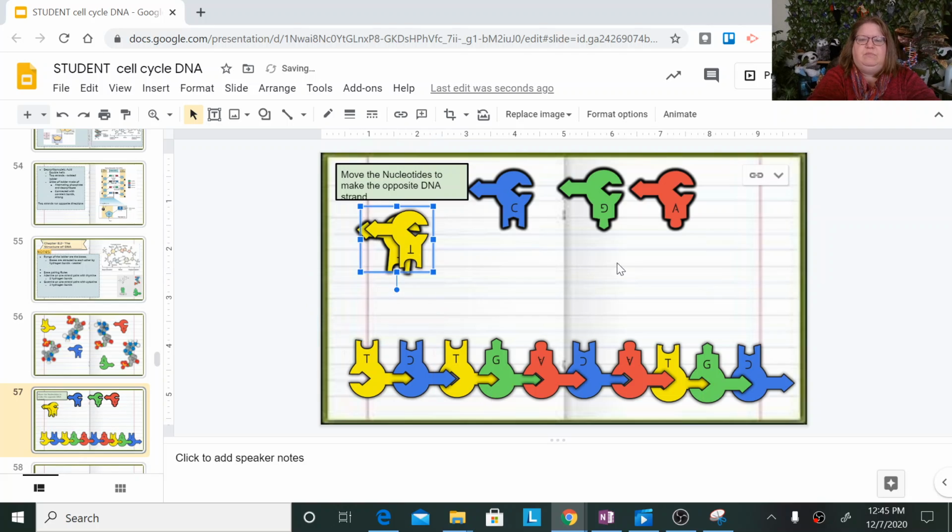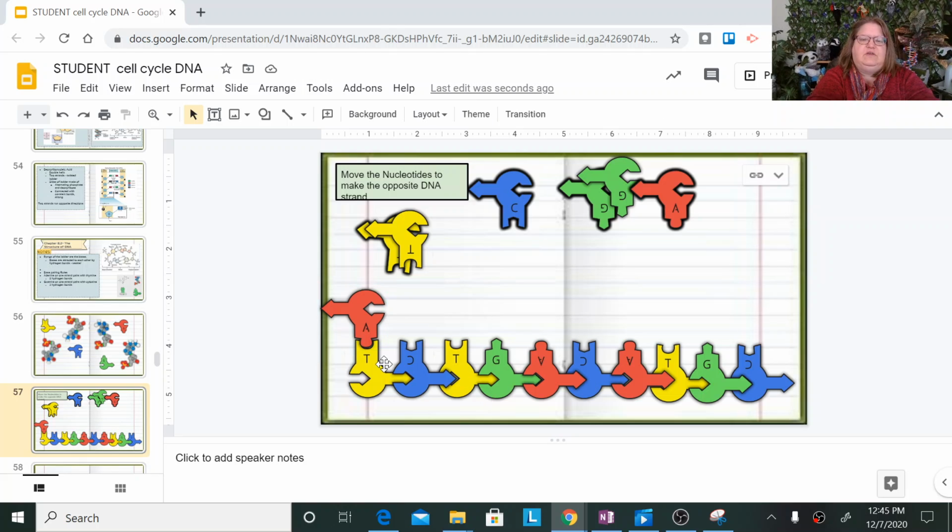So we can put that one back, and let's take a look at G. Even if you wanted to make it work, G and T don't fit like a piece of a puzzle. So let's put that one back. Hit pause and see if you can decide what is going to work. And so hopefully you decided that A is going to work, and it's going to take a little bit of practice to get these perfect.